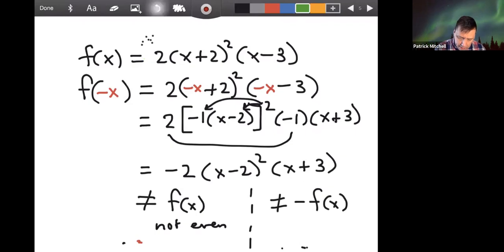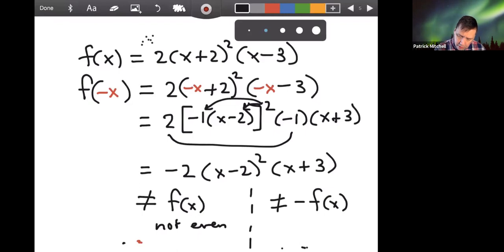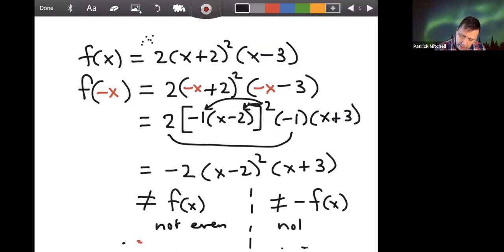But that's not what I have. So this function is not odd either. So it's not going to have any kind of symmetry that we've talked about. Well, that's too bad. If it did, it would have just saved us a little bit of work. But actually, we're done with the work, I think, just about. So let's go back here.